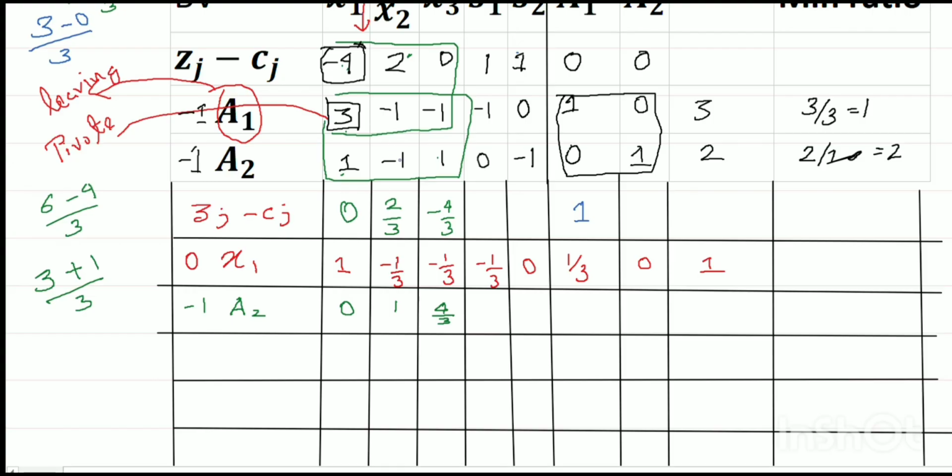Similarly, if I find this, minus 3 into minus 3, this is the multiply, minus 3, and 1 into minus 1 plus 1, so minus 3 into plus 1 divided by 3, it is minus 2 by 3. So this is the LPP formula.